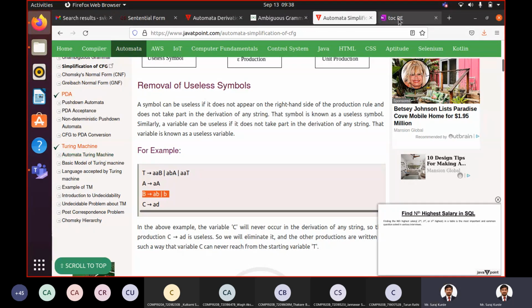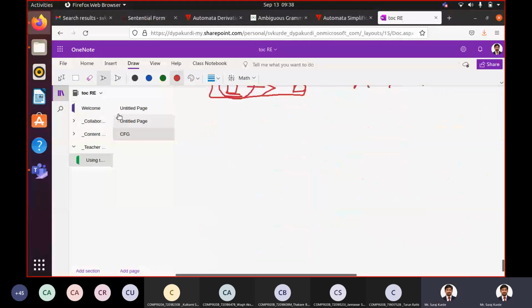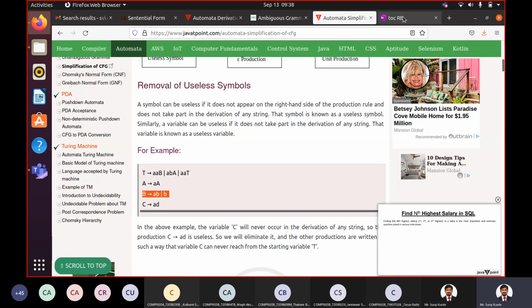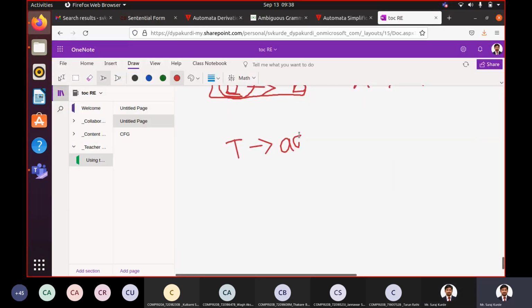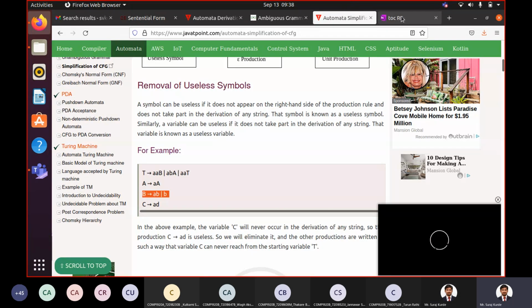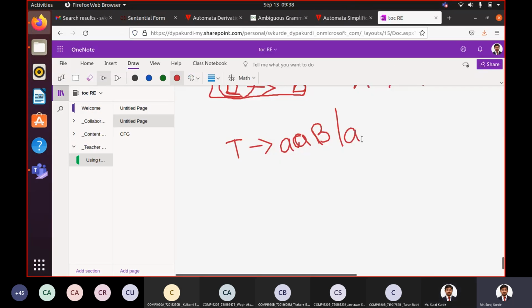What will be the remaining productions in this case? AAB, capital B, or AAT, then capital B produces AB or A. These are the production rules of the grammar after simplification.